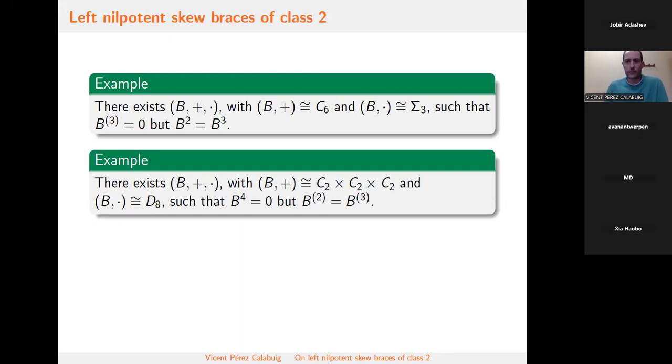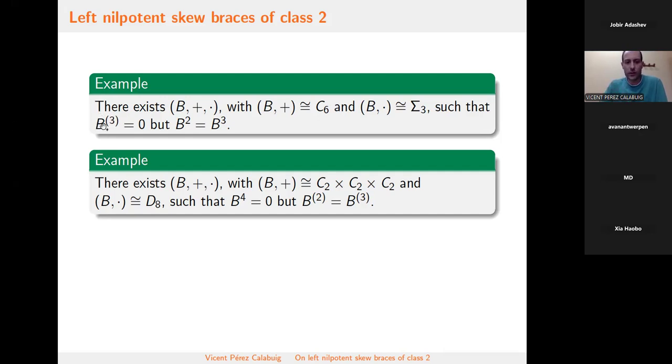For the second approach, let's look again at our previous examples showing that left and right nilpotencies are not equal. If we look at these examples, we can see that this example shows that 2 is the smallest right nilpotency class that does not ensure left nilpotency, because trivial skew braces are left and right nilpotent of class 1.